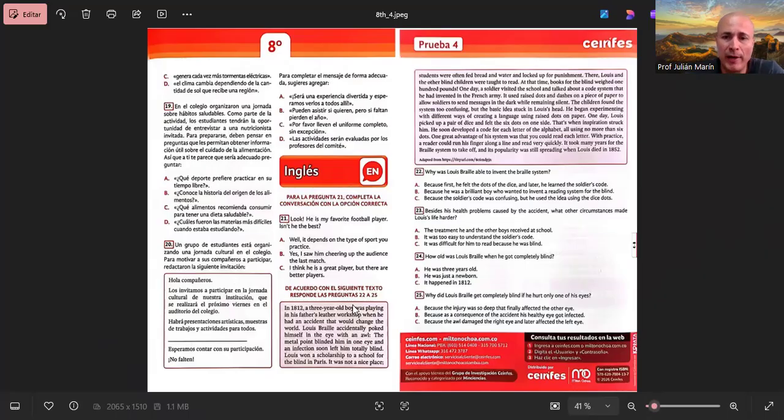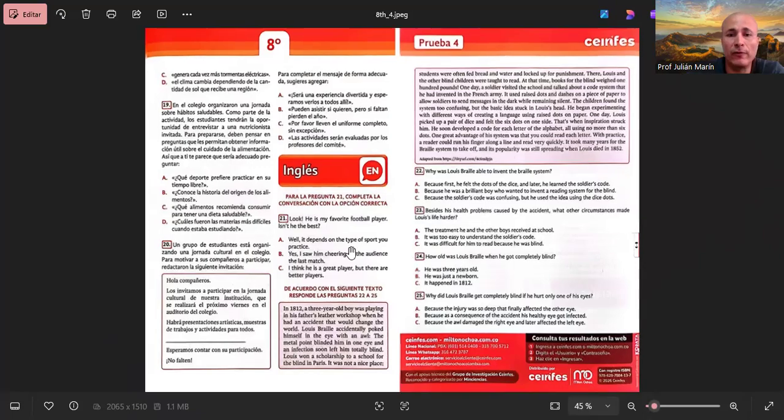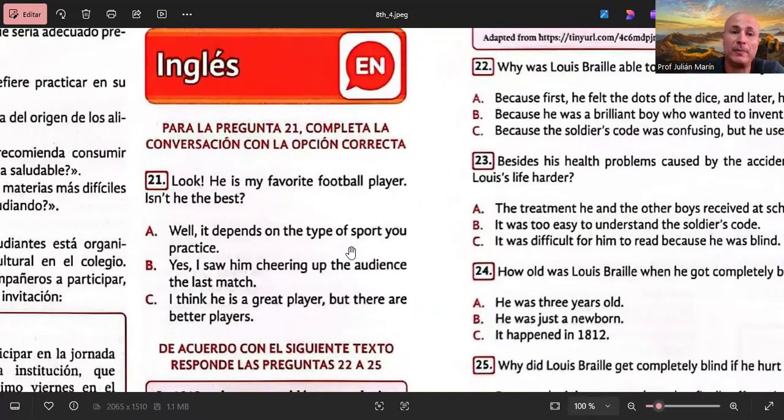After that, we have the second part of the English section, which consists of a reading comprehension exercise, which of course will demand more time and more cognitive resources. So let's start by solving the easy one from my perspective, question 21.